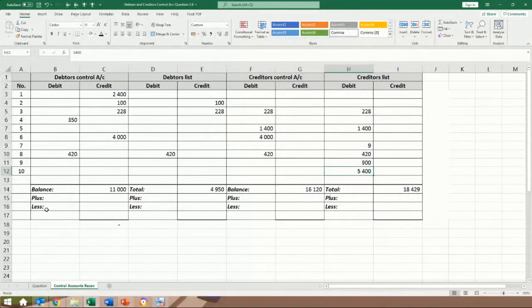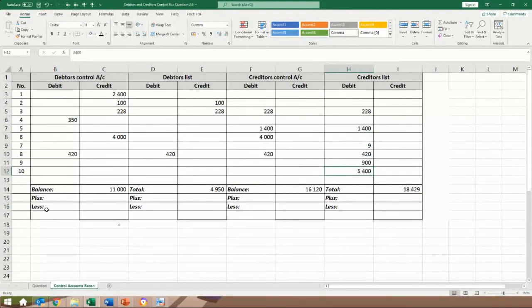You can just indicate a plus sign or a minus sign for whether it's the debit or the credit column that we will add. Okay, let me just repeat that.